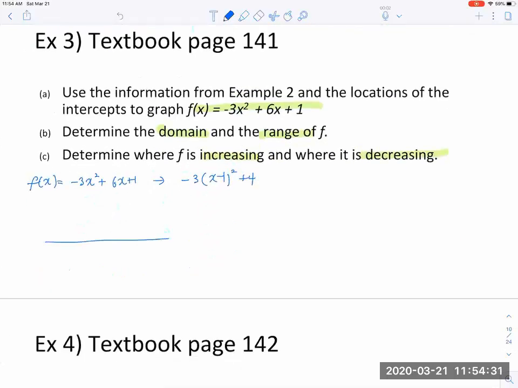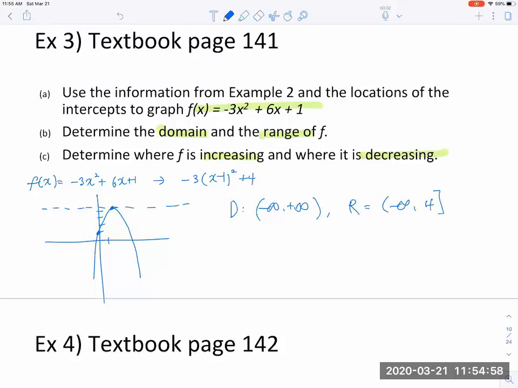So we already graphed it. 1 comma 4, we're passing through 1. This is the graph. And then the domain is going to be all the possible x values, negative infinity to positive infinity. Range is going to stop at 4. So from negative infinity to 4, closed.